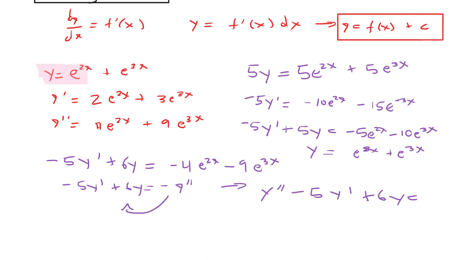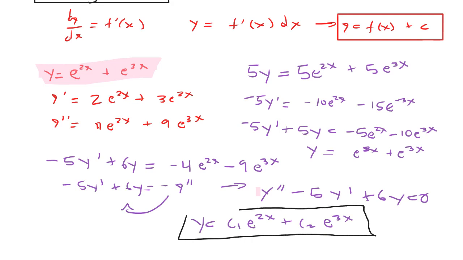Note in this case this is a particular solution, but the solution to the differential equation that we just constructed is actually going to be y equals c1 e^(2x) plus c2 e^(3x), where c1 and c2 are arbitrary constants. In any case, we were more or less just deriving the differential equation from the exponential functions e^(2x) and e^(3x).